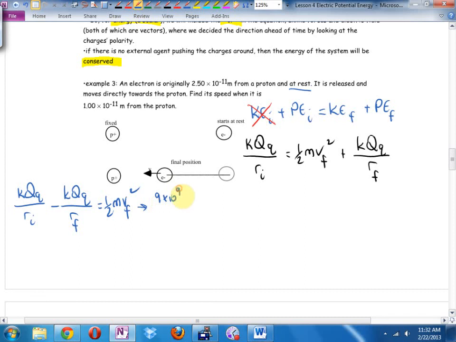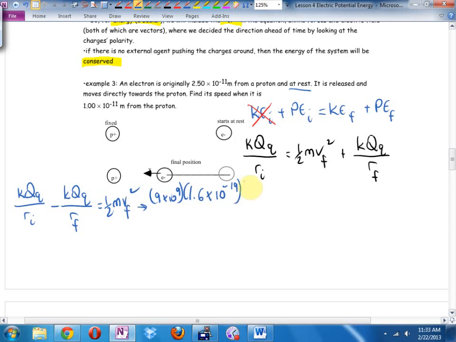9 times 10 to the 9th. Charge 1. It's a proton. Negative 19. Charge 2. It's an electron. Thanks for remembering to put the sign in.